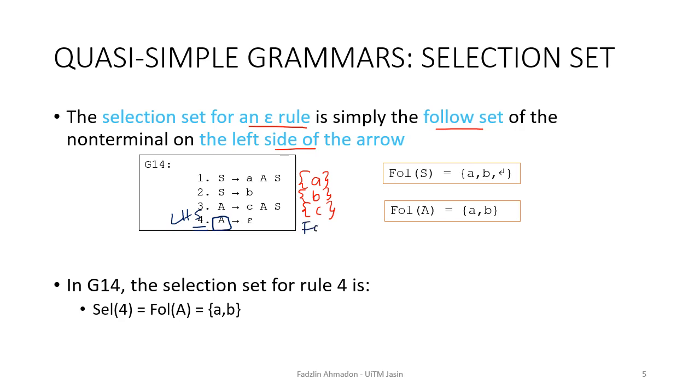So follow A is this one here, which we have derived previously, which means the selection set for rule 4 is A and also B.